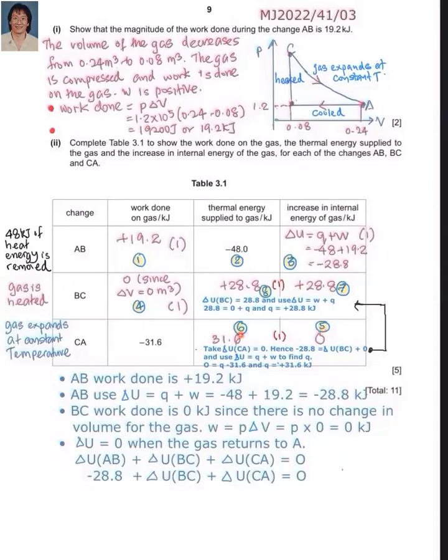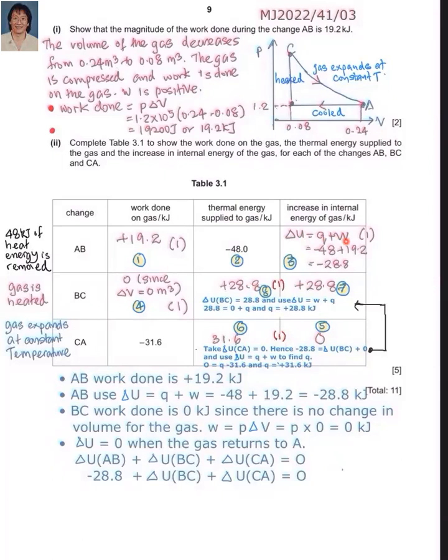To get number 6, we use the thermodynamic first law, delta U equals Q plus W. Your delta U is 0, Q we don't know, and then your W is 31.6. This will give you Q equals 31.6. These two will carry 1 mark. And then for number 8, which is 28.8, we also use the thermodynamic first law to calculate.